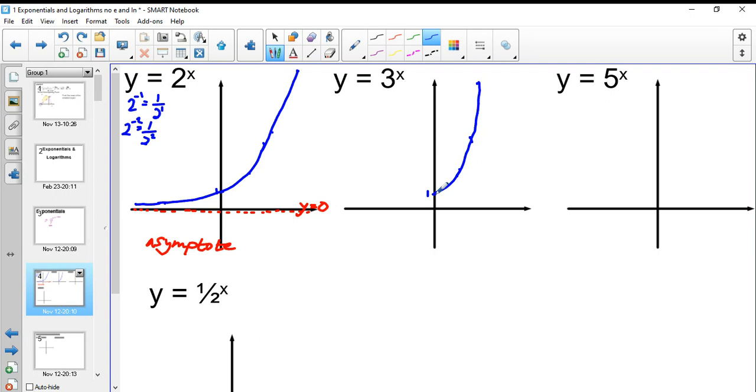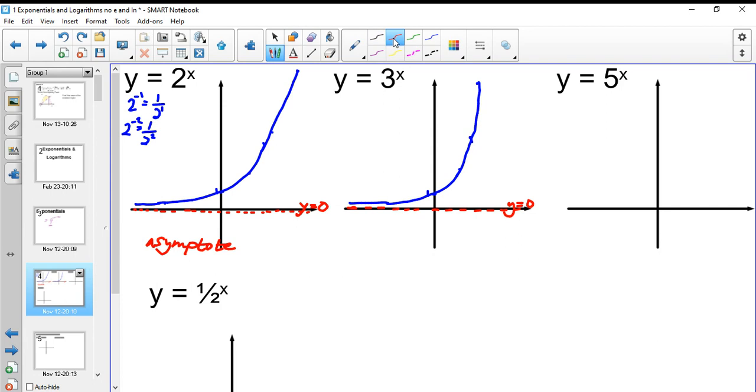When x is negative 1, that'll be a third, then a ninth, then a 27th, then an 81st, and so on. It's going to converge faster. So this will also have an asymptote at y equals 0.